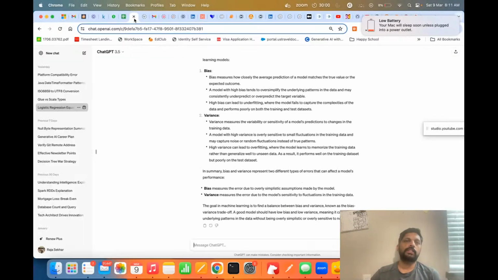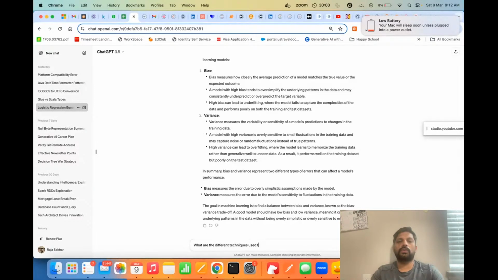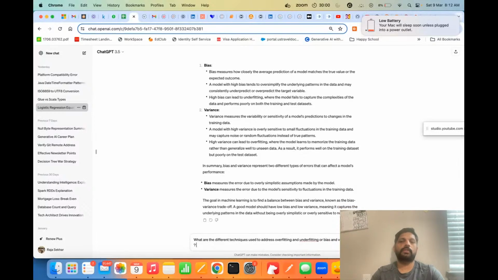So let's ask ChatGPT also once: what are the different techniques used to address overfitting and underfitting, or bias and variance?